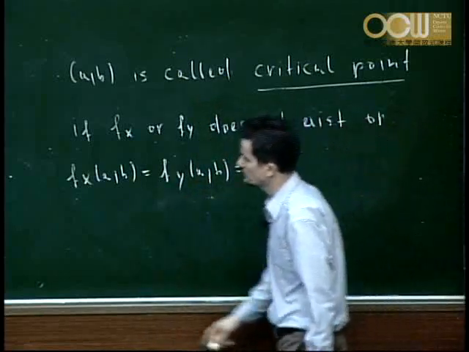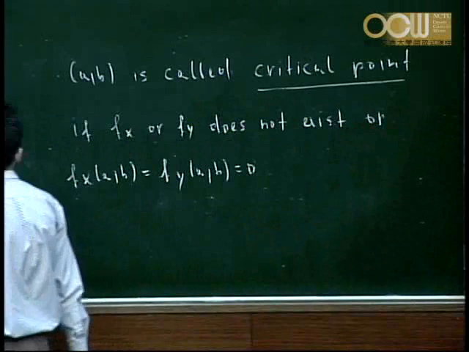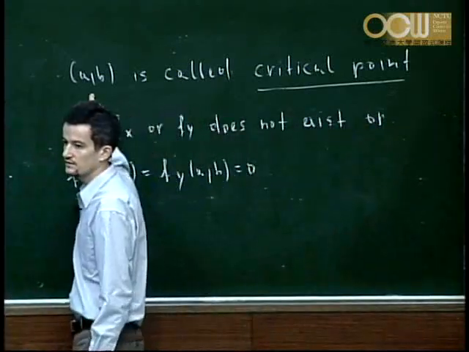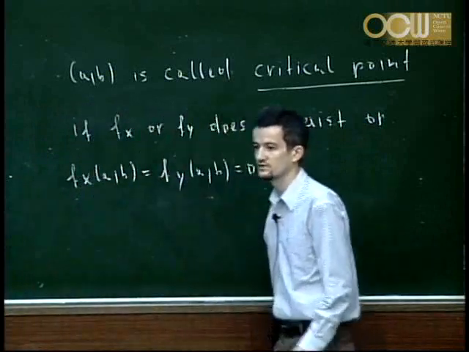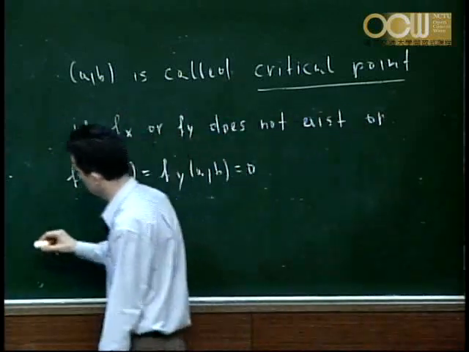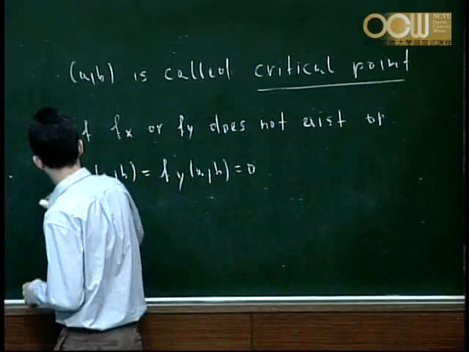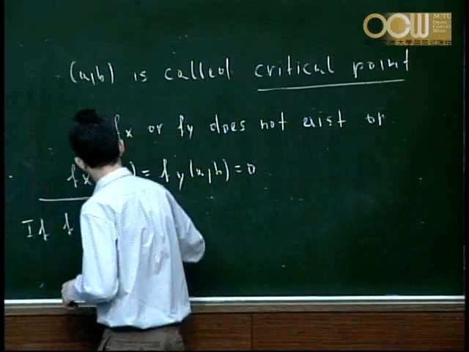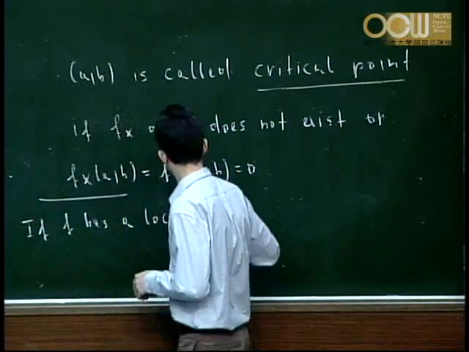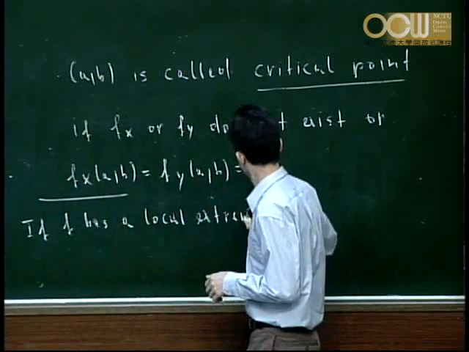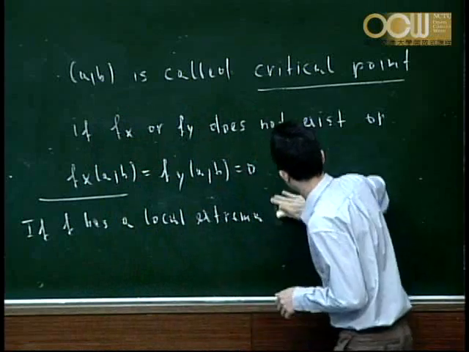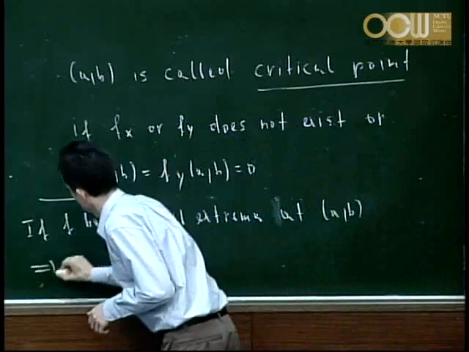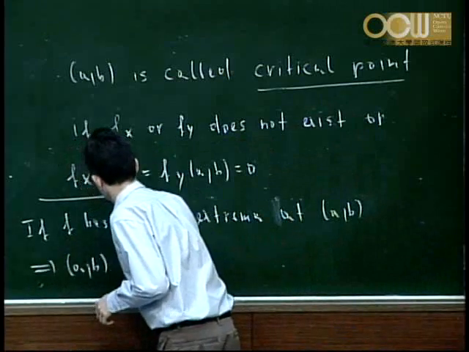And we see from this result that if we have a local extrema at a, b, then a, b must be a critical point. So if f has a local extrema at a, b, then a, b is a critical point.